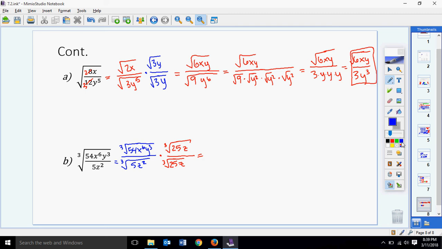Okay, now we're ready. Denominator, cube root of 125 z cubed. In the numerator, 25 times 54 is 1,350. I have x to the 6th, y to the 3rd, and z to the 1st.